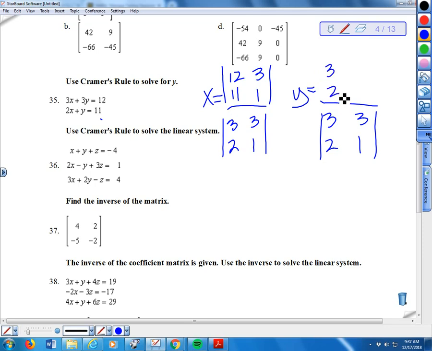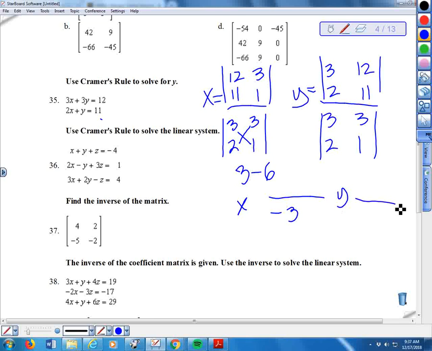And for y, plug them in the y column. With a 2 by 2, it's pretty easy. You multiply these together, you get 3. Multiply these together, minus 6. So the denominator for x is negative 3. And for y is negative 3.